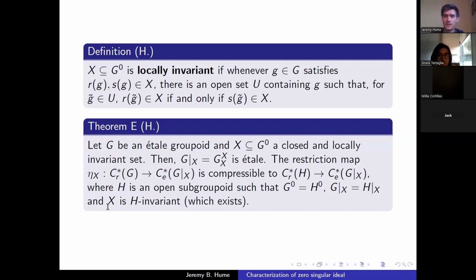The theorem says that the restriction map from G to X is compressible to a star homomorphism, which is just the restriction map from H to the reduction of G to X. That means that all these nice properties of compressible maps are satisfied for these restriction maps.